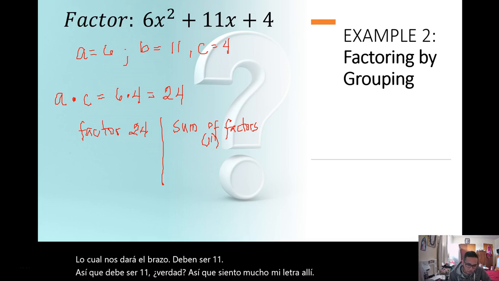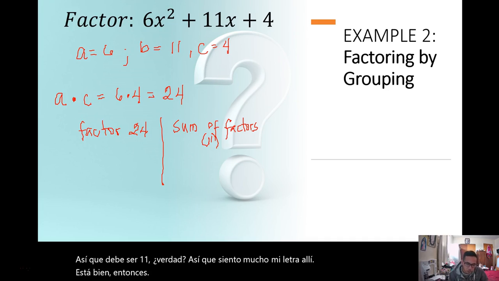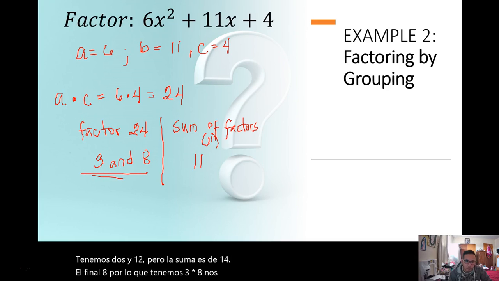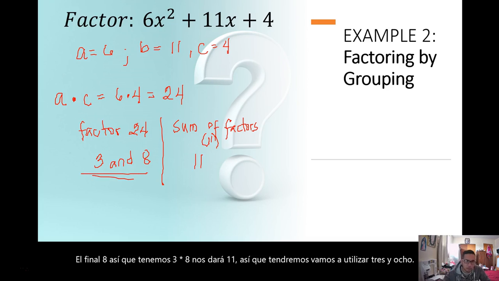Okay, so we have 2 and 12, but the sum is 14. 3 and 8, so 3 plus 8 will give us 11. So we'll be using 3 and 8 as our factors here.